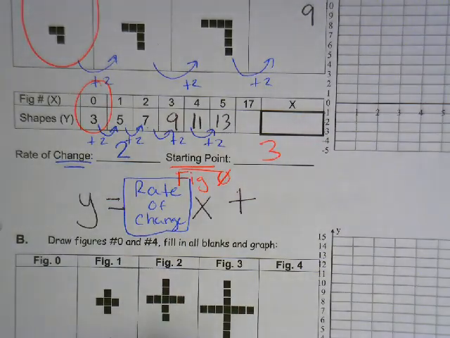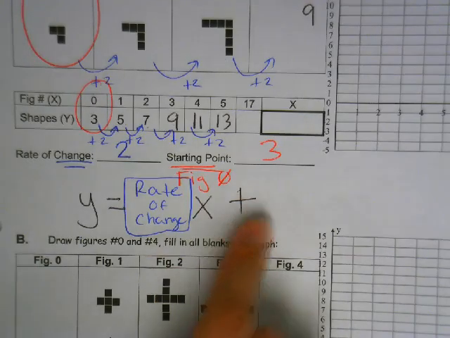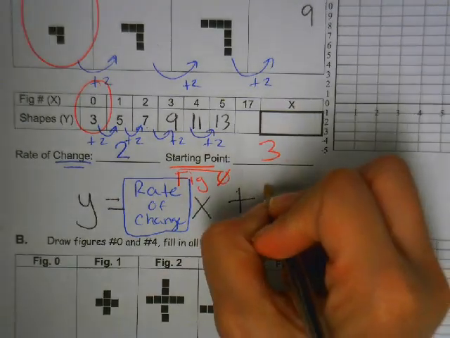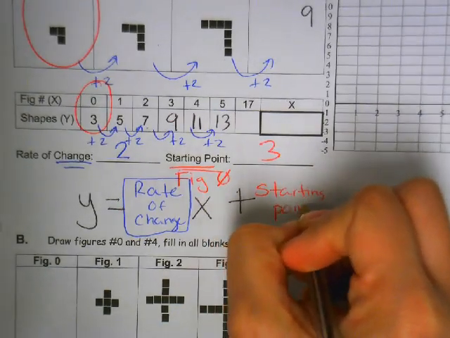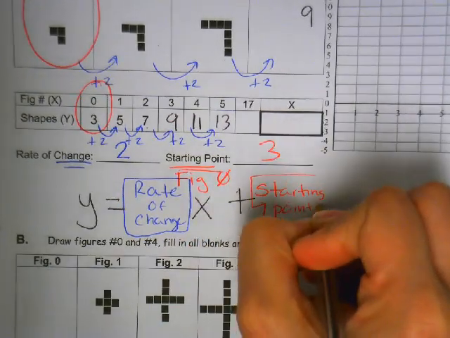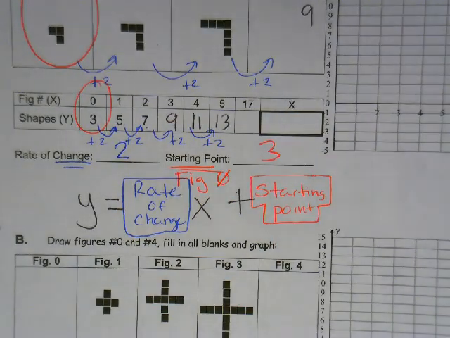So it always starts off with y equals rate of change, then your x, plus your starting point in another box. I put them in boxes because this is what you change. Like, the numbers keep changing in the box. The y never changes. The equal sign, the x, never changes. The plus sign, 90% doesn't change. Sometimes it changes to subtraction.